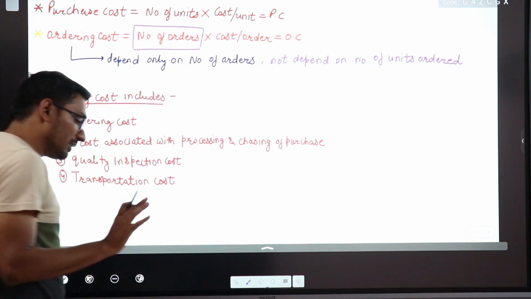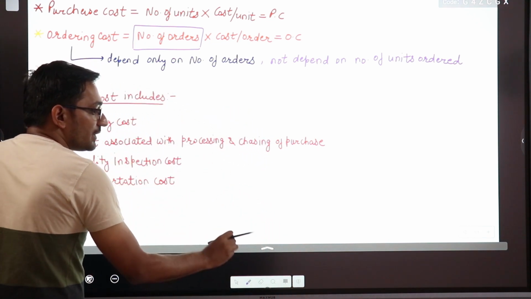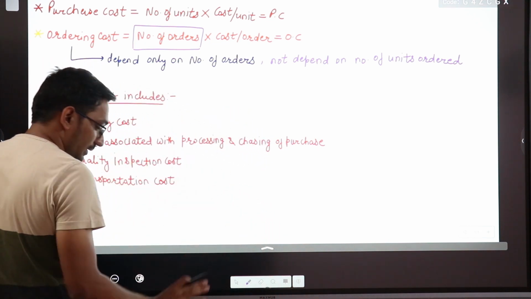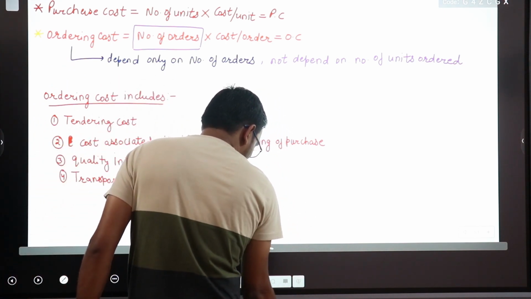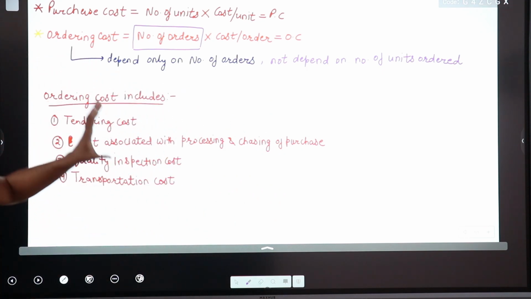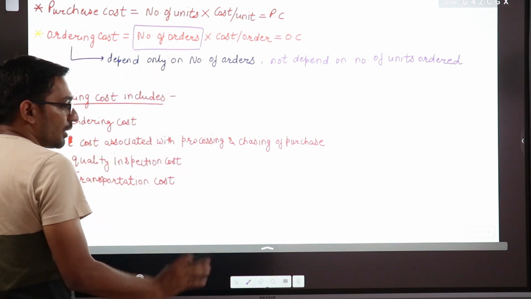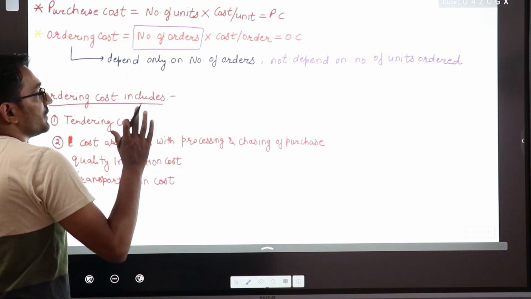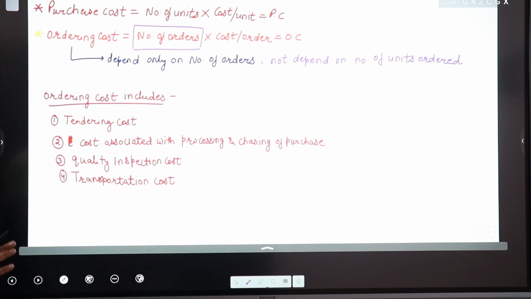It will directly depend on the number of orders placed in a year. You have to remember that ordering cost will be equal to the number of orders into the cost per order.